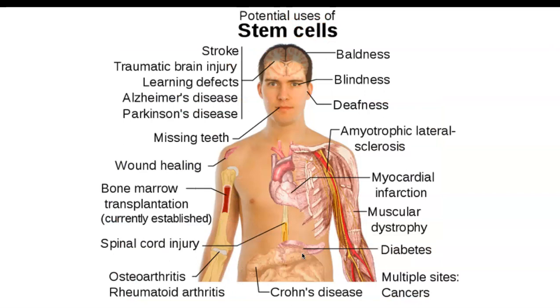Then there are lots of uses of stem cells, from head to toe: baldness, blindness, deafness, amyotrophic lateral sclerosis, myocardial infarction, muscular dystrophy, diabetes, stroke, traumatic brain injury, learning defects, Alzheimer's disease, Parkinson's disease, missing teeth, wound healing, bone marrow transplantation, spinal cord injury, osteoarthritis, rheumatoid arthritis, Crohn's disease, multiple site cancer.